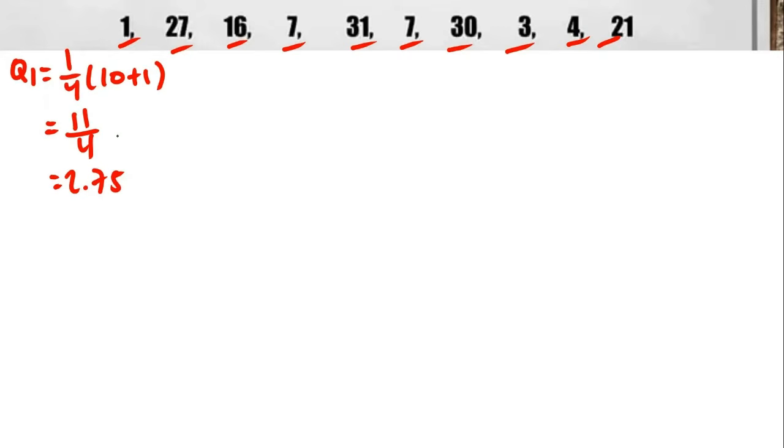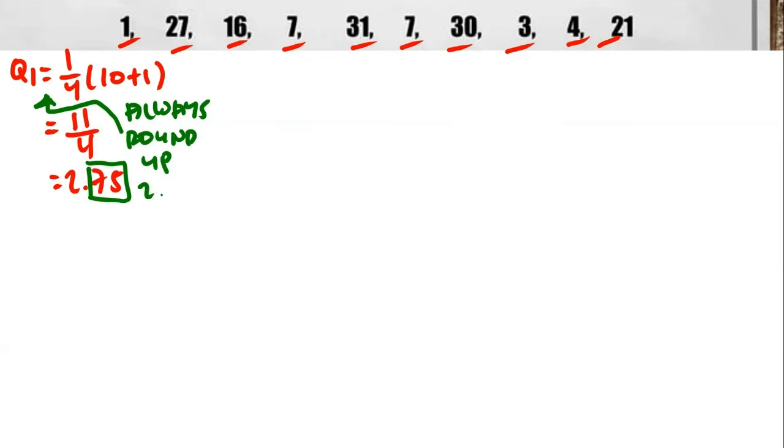2.75. Now, pag Q1 ang pinag-uusapan natin at meron kayong decimal points, ang palagi niyong tatandaan dito ay always round up. Kahit na ang sagot ninyo ay 2.1 or di kaya 2.3, ang magiging sagot nyo ay dito ay 3.